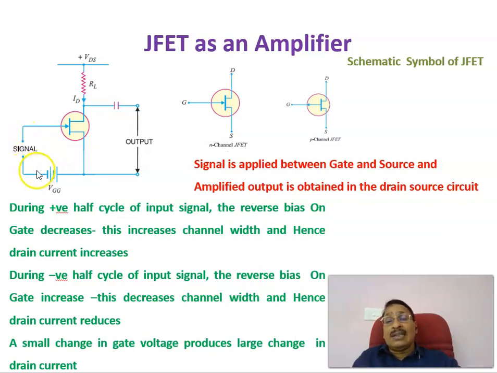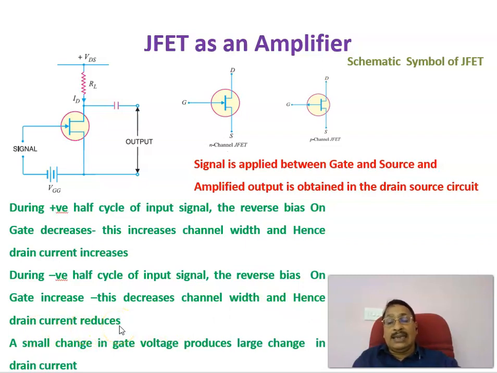During the negative half cycle of the input signal, the reverse bias on the gate increases, the depletion region is more, and the channel width decreases, and hence the drain current reduces.